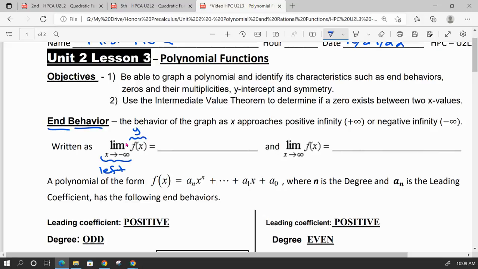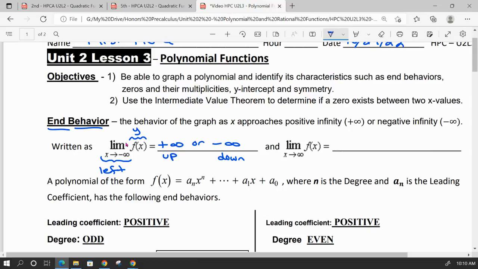So they're saying the limit as x on the left side, what's the y doing? So the y is going to be going to positive infinity if the graph is going up, or it's going to be going to negative infinity if the graph is going down. So the limit is either going to be positive infinity or negative infinity for polynomial functions.